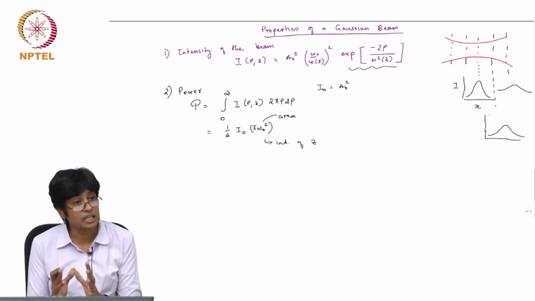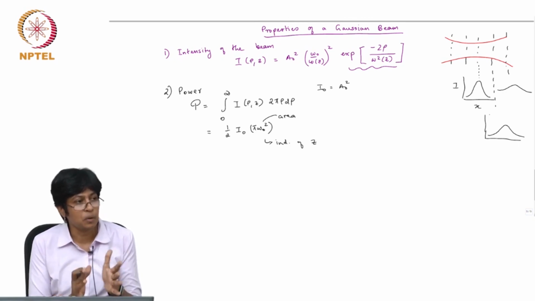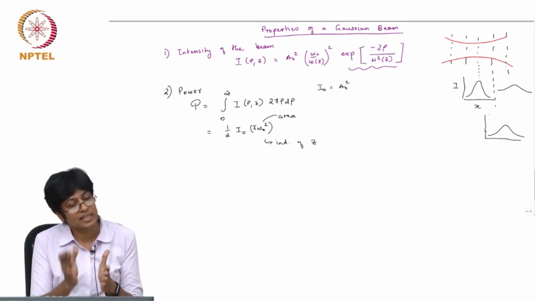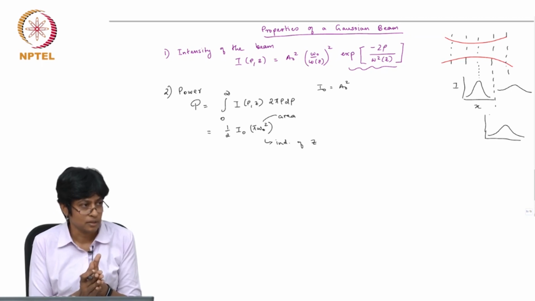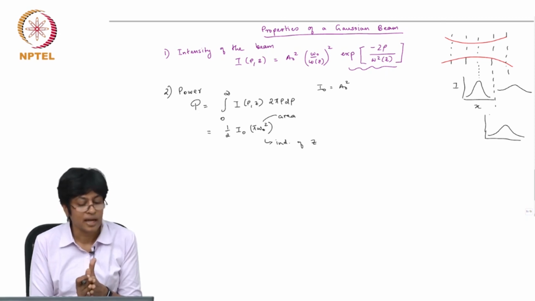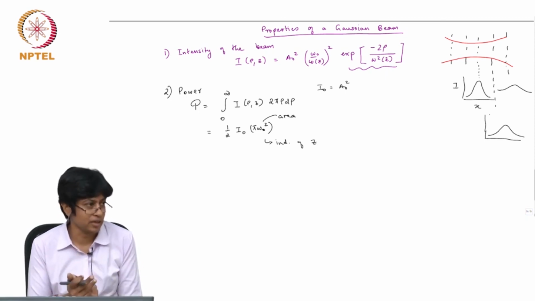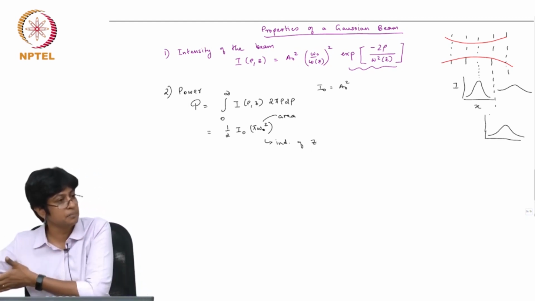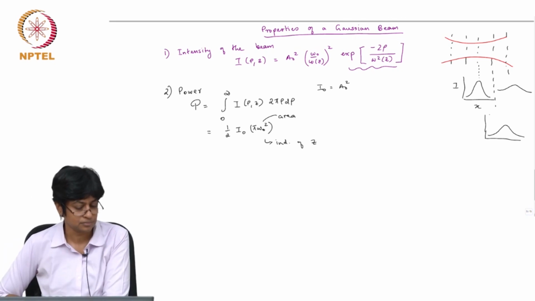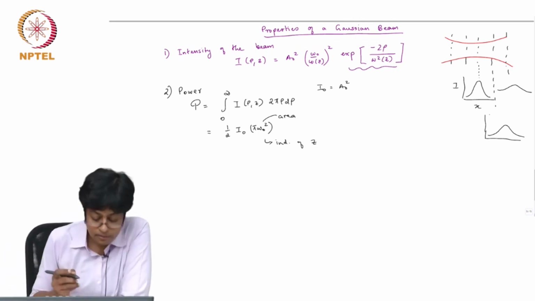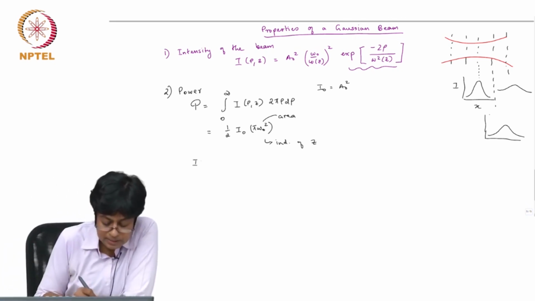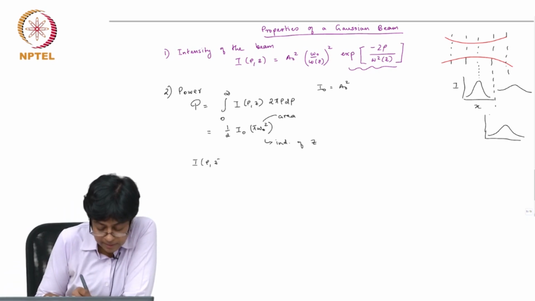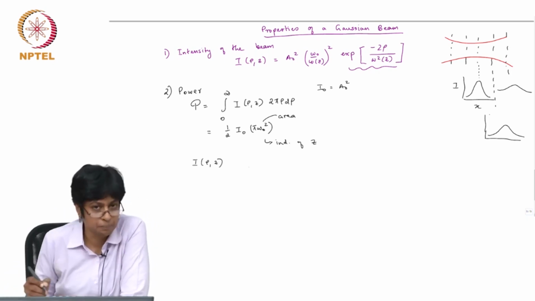So if you were to calculate the power when the beam was at its smallest waist, you could consider that the spot had an area of pi omega naught squared, right, and a peak intensity of I naught. And this power then gets distributed as the beam propagates. Sometimes you will see the intensity rewritten in terms of the power.